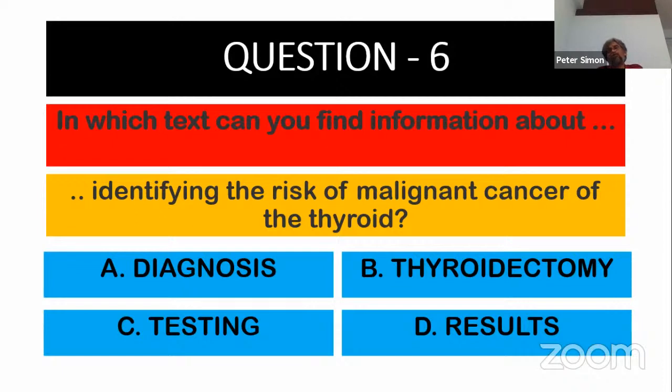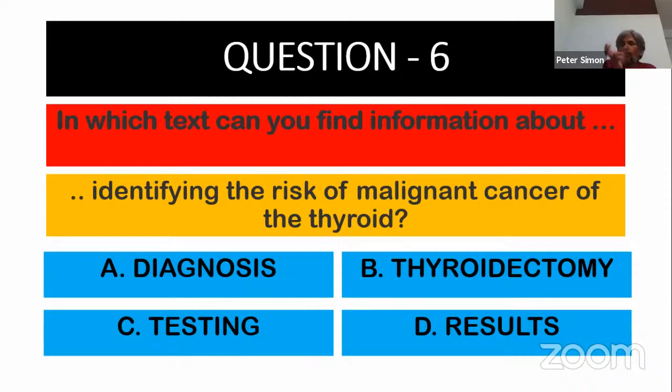So these are the points. The keyword is identifying the risk of malignant cancer of the thyroid. How much risk is there? How will you identify? A, B, C, or D?